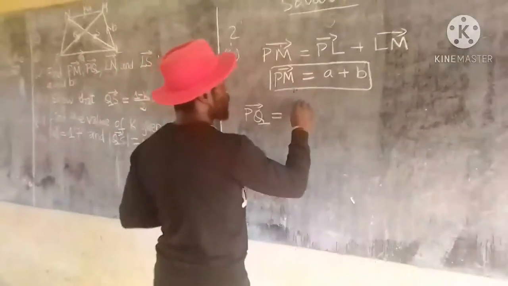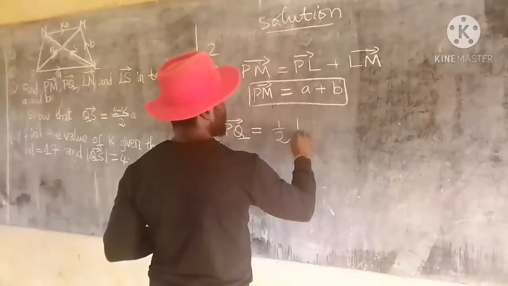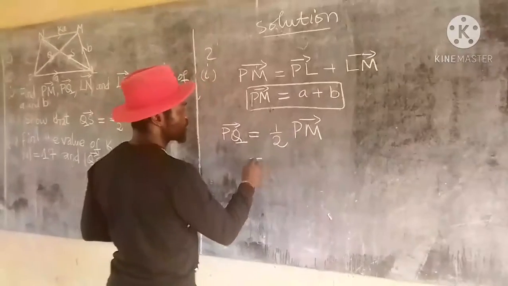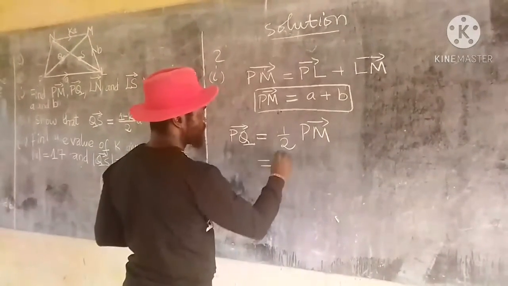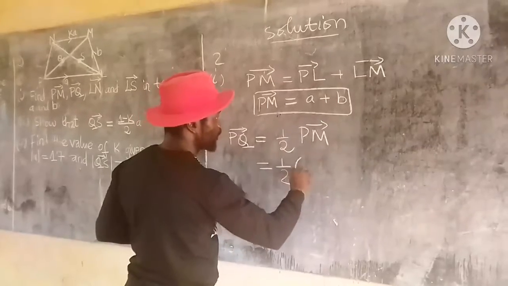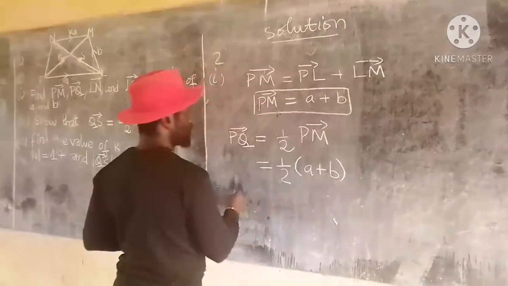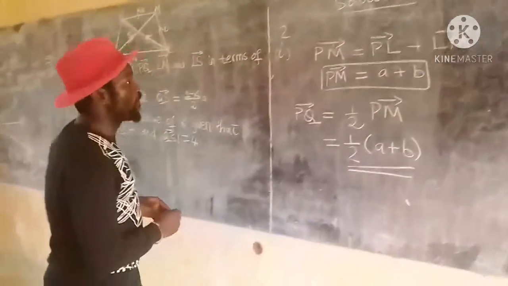So our PQ is equal to half of PM. So you simply substitute PM with A plus B. So we have half into A plus B. We are done with that. That is your answer.